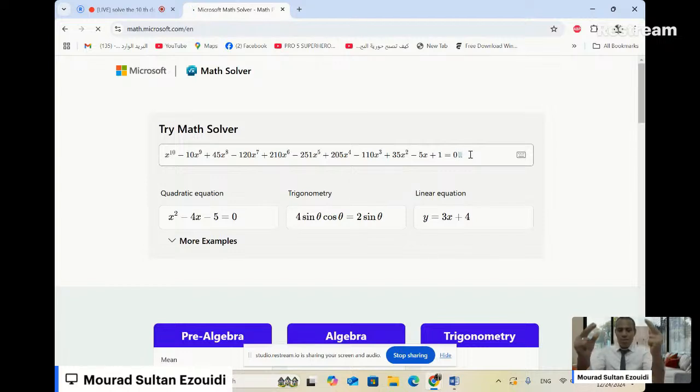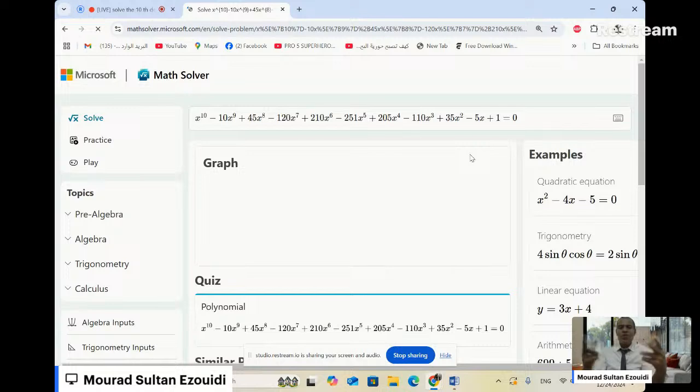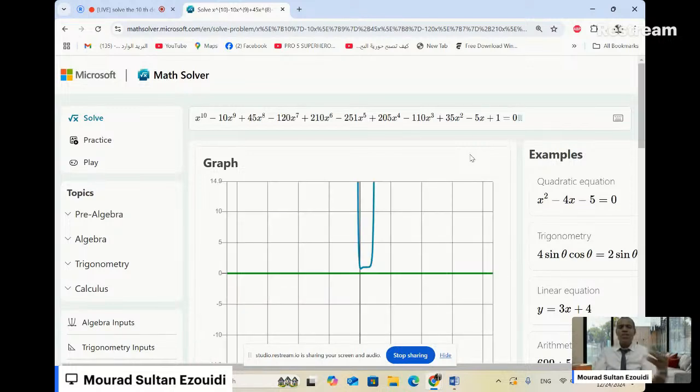Mr. Sultan is here to let you learn how you can use the decimal formula of Mourad Sultan and solve a polynomial to the power 10, even solve a polynomial to the power 11, even 12, 13, 14, 15, 16, 17, whatsoever the power of the polynomial, it's possible.